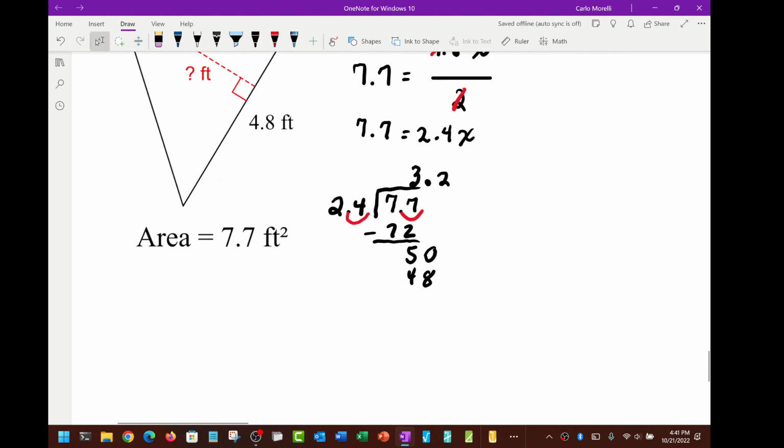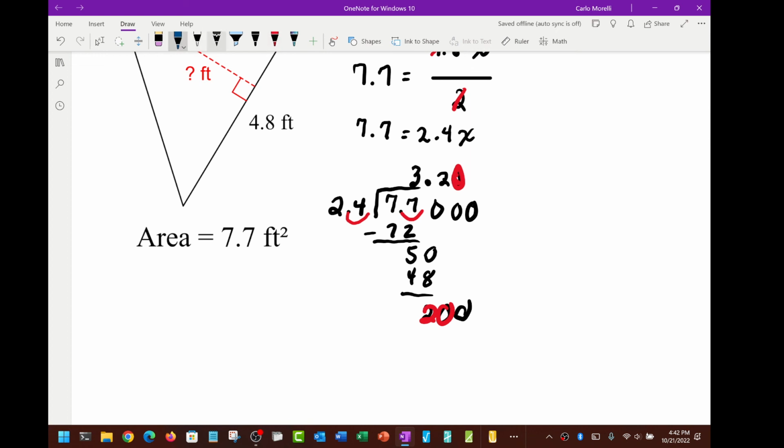We just need one more digit here to check if we have to round that 2 up. And we are not going to have to round the 2 up because this is a 2 remainder. We bring down a 0. 24 won't go into 20, so we got to bring down another 0, which means the next digit is a 0. And then who cares what the next digit is? So it's 3.2. We don't need to round. The fact that this was a 20 made it so we for sure didn't.